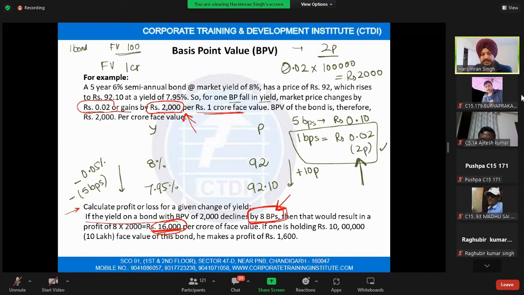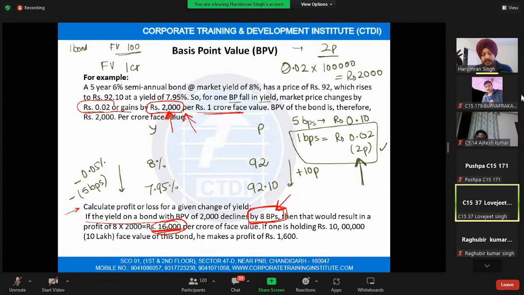For 1 basis point, if the movement is 2000 rupees, for 8 basis points the movement will be how much? 16,000. Did you understand this or not? Yes sir. See, he can give you this question like this. The examiner can give it to you for 3 marks or 2 marks or even 1 mark.